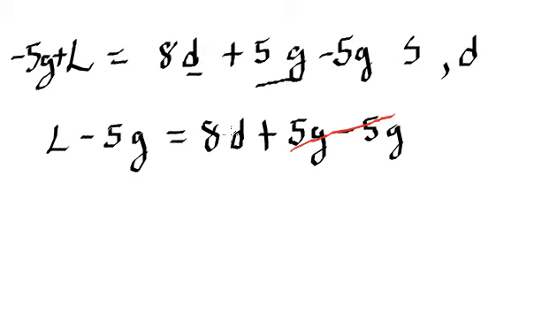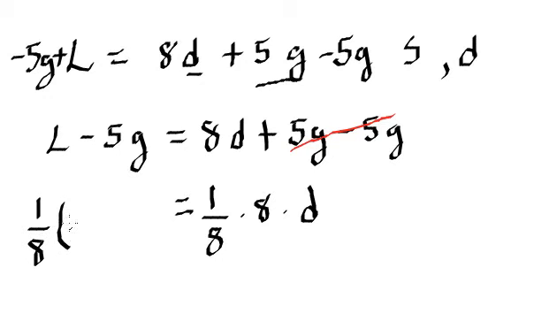Now all we're left with is 8D is equal to L minus 5G. In order to get rid of this 8, I'm going to multiply by its reciprocal, 1 over 8, times D, multiplying this side over here by 1 over 8 times L minus 5G.